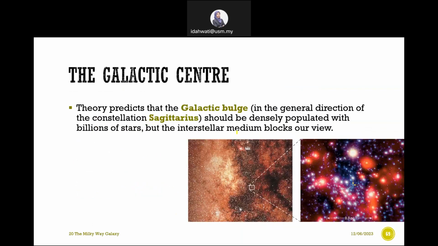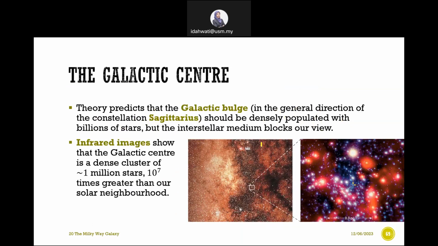Also, about the galactic center. It is in the general direction of the constellation Sagittarius, which should be densely populated with billions of stars. The infrared image shows the galactic center is a dense cluster of stars, a million times greater than our solar neighborhood.